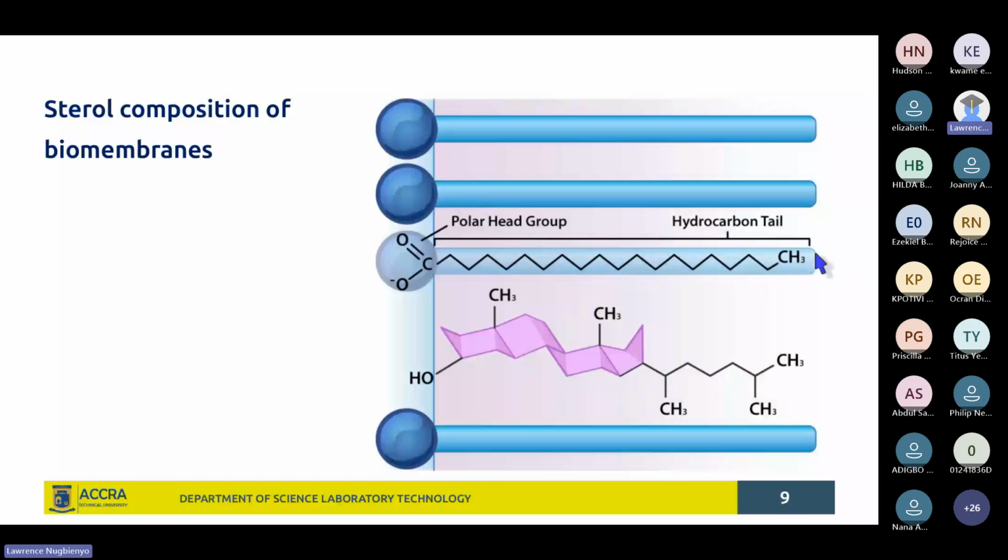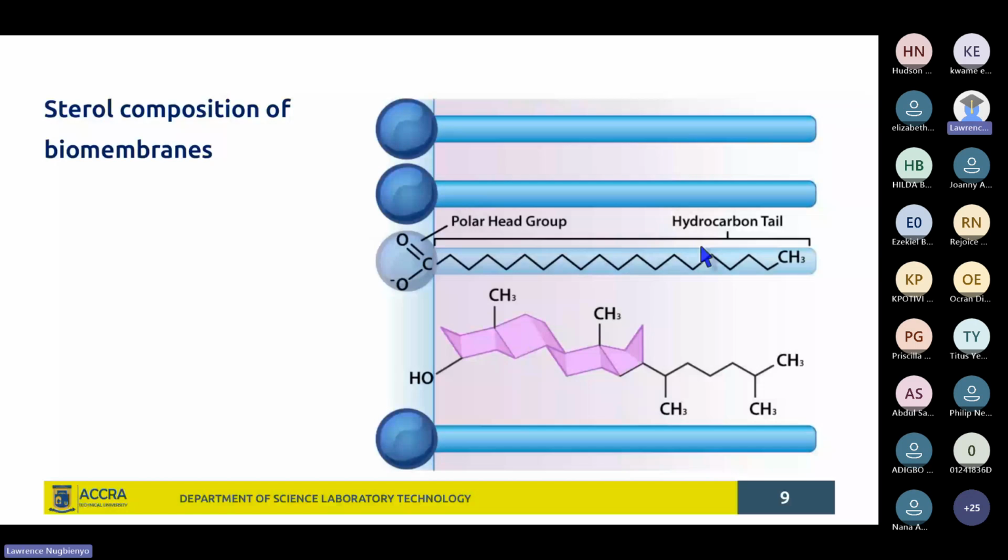Now, if you have such an arrangement, and you look at the structure of the sterol, because we did see in the structure of the biomembrane this arrangement of the lipids, and then in between them you have some cholesterol somewhere, and you see the cholesterol is occupying such a big surface area between two fatty acids, or say phospholipids.